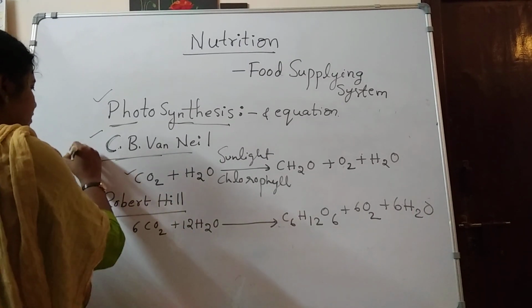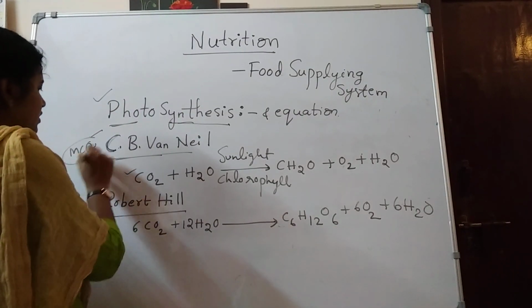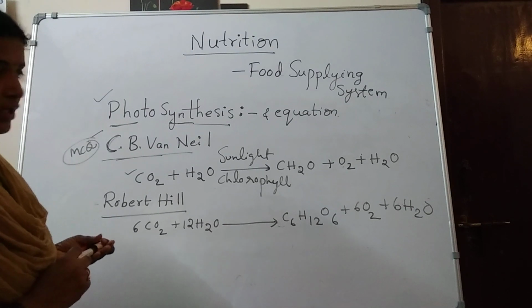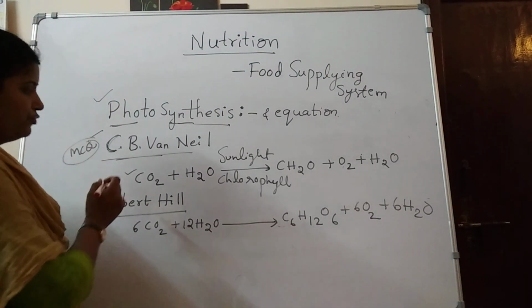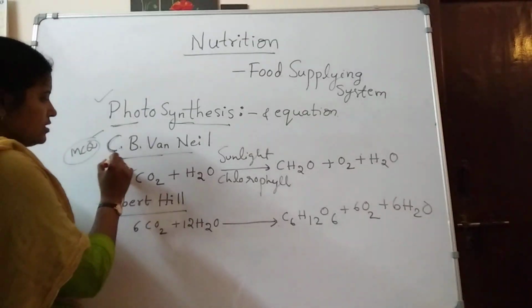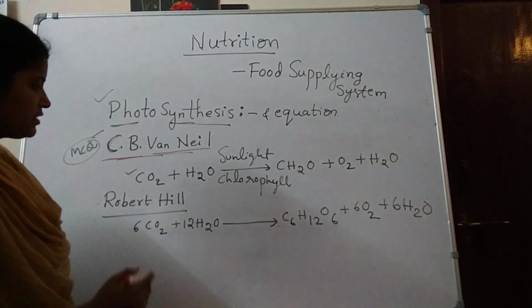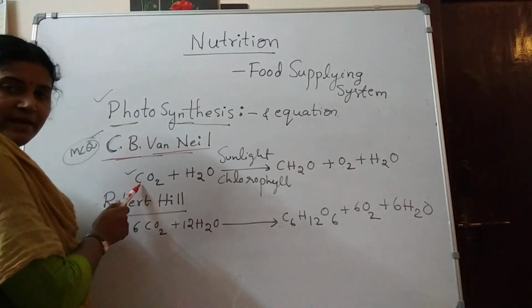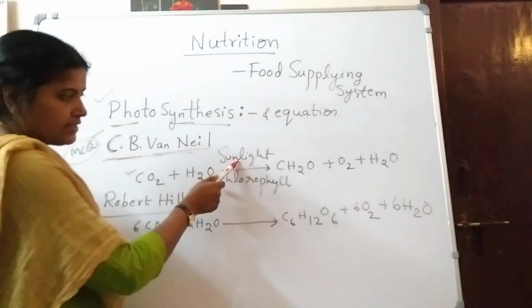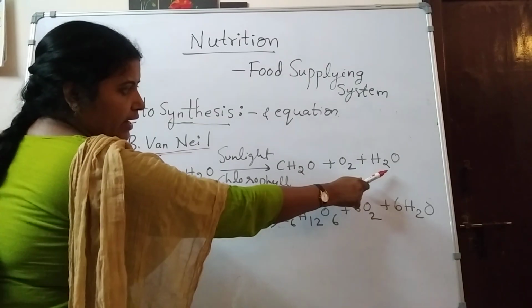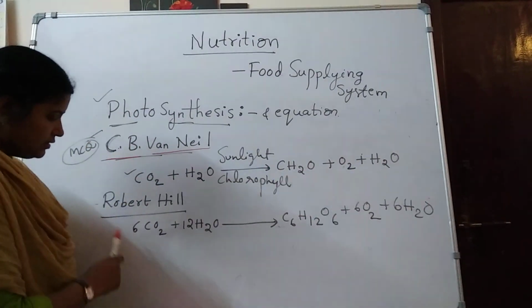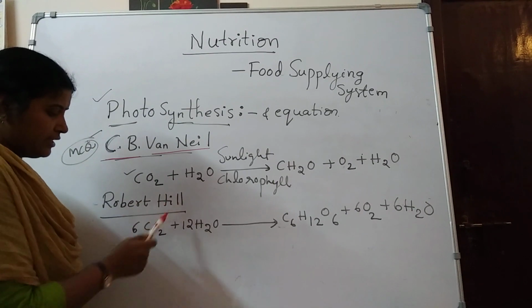So what question comes for this? MCQ. In the MCQ: who proposed the basic equation for photosynthesis? That is C.B. Van Niel. What is the C.B. Van Niel equation? Carbon dioxide plus H2O in the presence of sunlight and chlorophyll gives carbohydrates, oxygen and water. And then Robert Hill modified the equation.